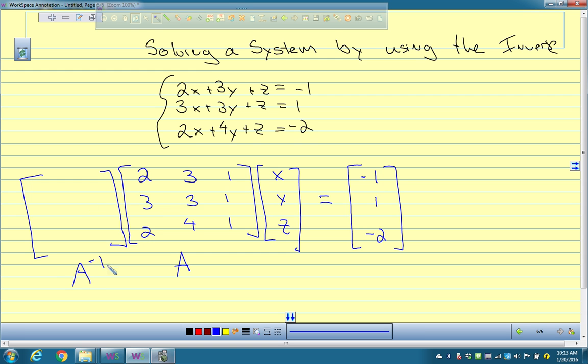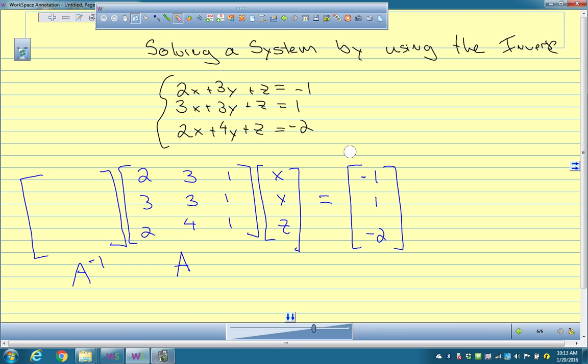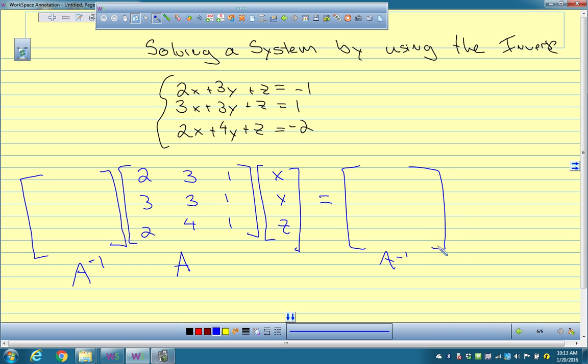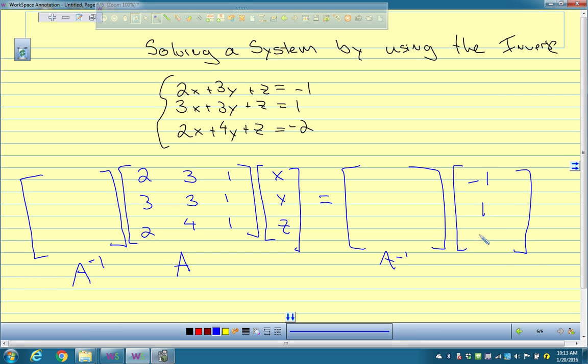But if I multiply the left side by the inverse, what do I have to do to the right side? You have to use the rules of algebra, so you also have to multiply this by A inverse. So I'm going to move this over. Can I do that? And I'm going to multiply A inverse times this negative 1, 1, negative 2, because you have to multiply in the same order, right?